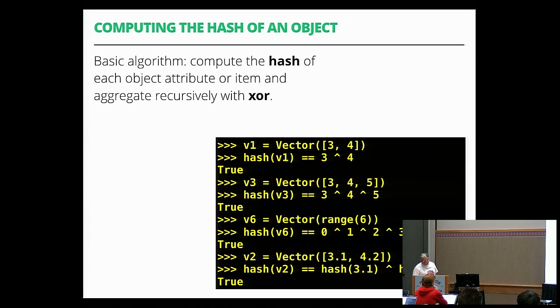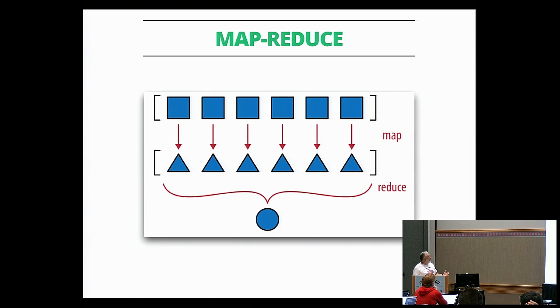And the implementation is actually a very good demonstration of the MapReduce coding pattern, where the map stage takes a sequence of values and returns a new sequence of values transformed in some way. And then there's a reduce step that aggregates all of those values into a single result.